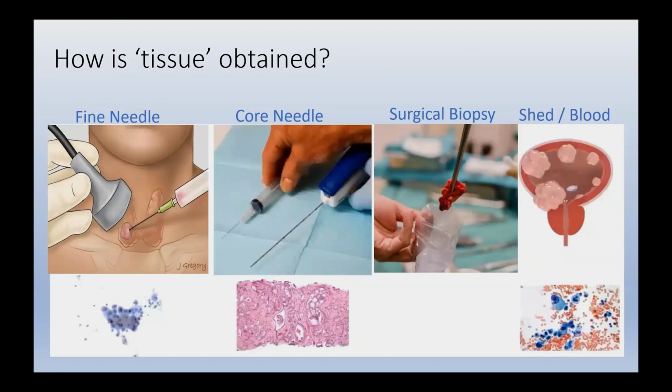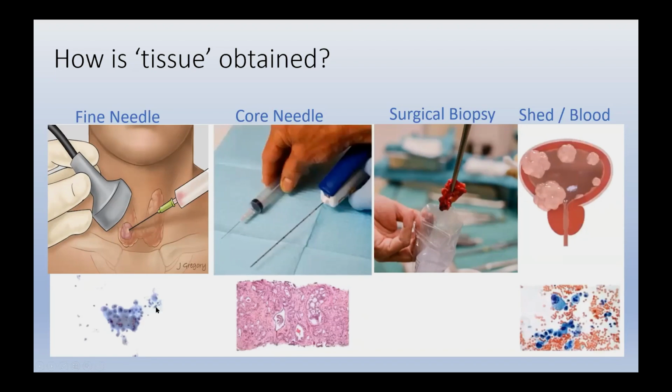So how is this tissue obtained? There are 4 main ways tissues may be obtained or a biopsy is done. First is fine needle, which, just like it is called, is a very small needle that is inserted into a tumor and aspirates out a few cells. It's not really a biopsy, and what you end up receiving on the pathologist's end is something that looks like this.